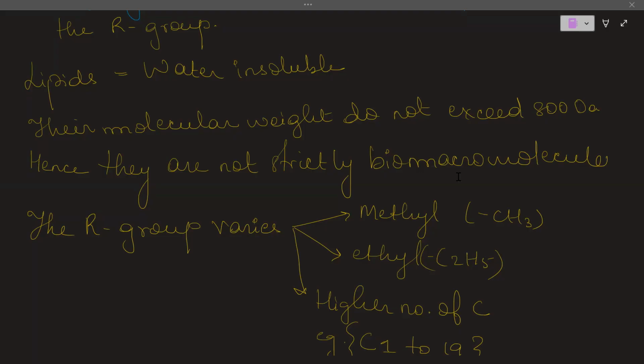The first 9 chapters are coming, Zainab. Name the chapters: living world, biological classification, then plant kingdom, animal kingdom, then morphology of flowering plants, anatomy, structural organization in animals, biomolecules, cell the unit of life, biomolecules. So we have completed almost all of it, right?